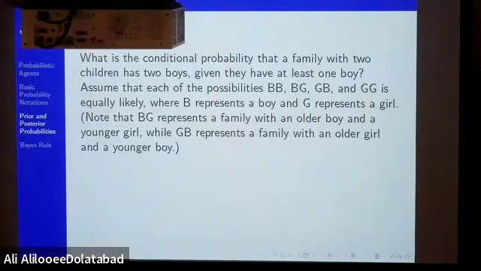Okay, one easy example: what is the conditional probability that a family with 2 children has 2 boys, given that they have at least 1 boy?